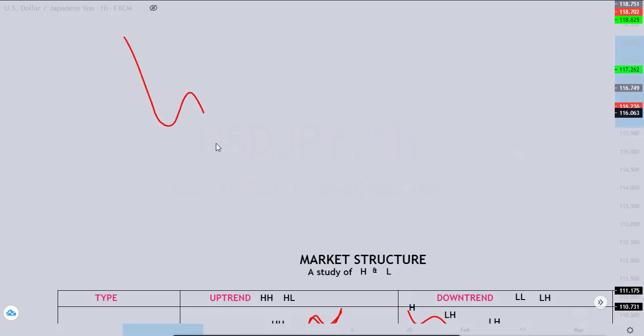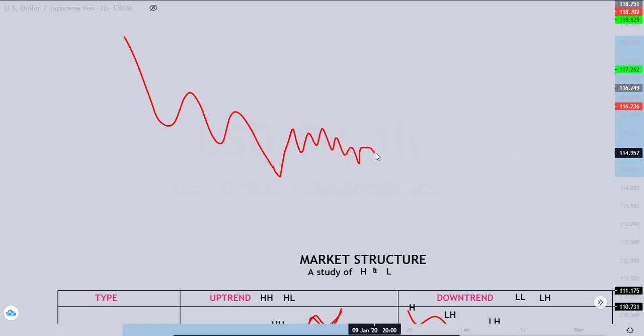If price is dropping down like this, and then price starts going down, creating something like a wedge, have you seen? And then it breaks and starts going higher, retesting the level.